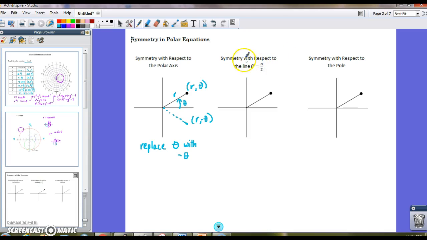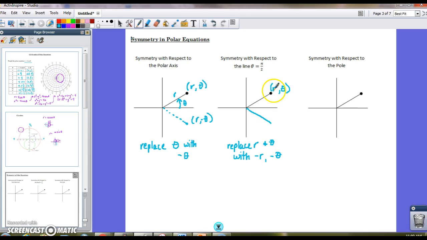Symmetry with respect to the line theta equals pi over 2, if we replace r and theta with negative r and negative theta. Okay, so again, here's r, theta. If I replace theta with negative theta, that puts me down here.